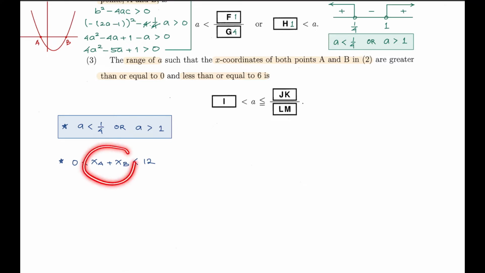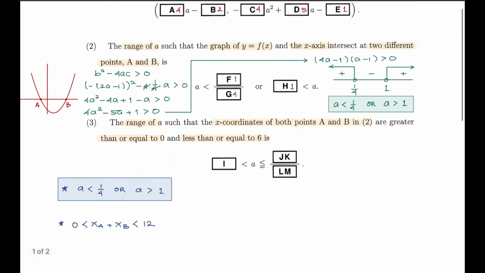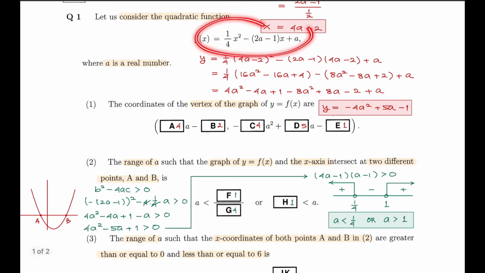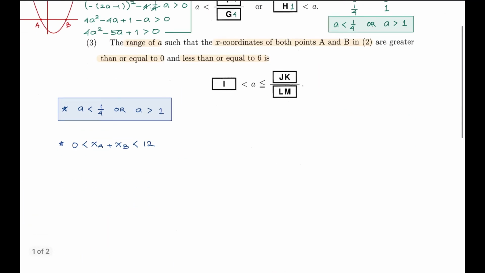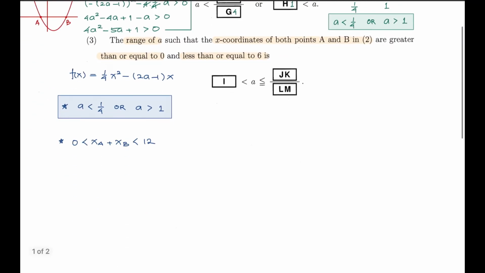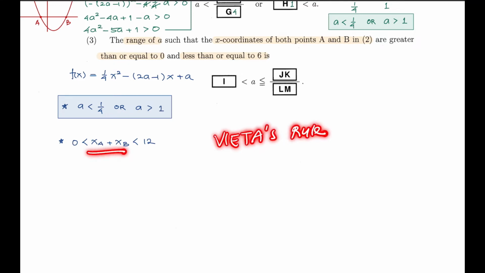What is xa plus xb? If we have a quadratic equation like this, 1 over 4x squared minus 2a minus 1x and then plus a. From this quadratic equation, if we use Vieta's rule, xa plus xb is negative b over a.